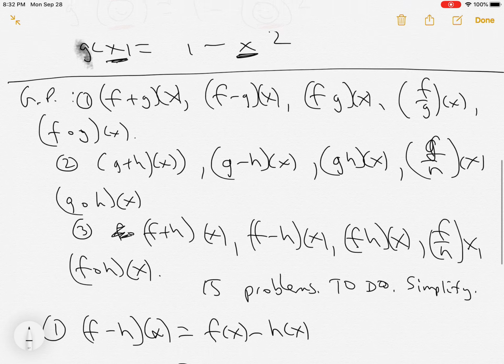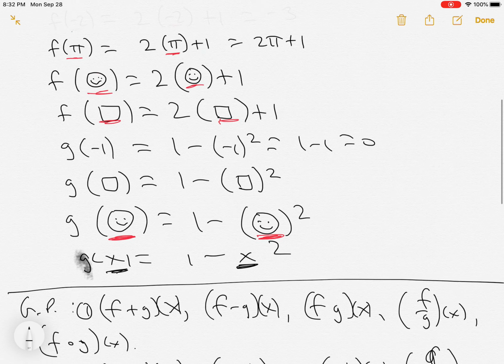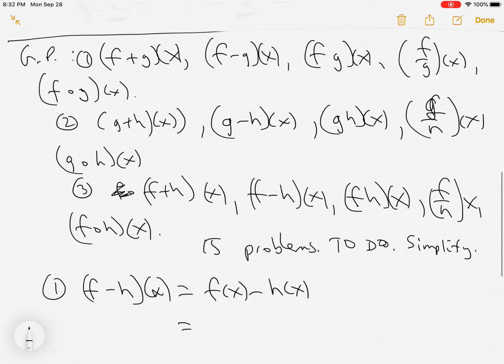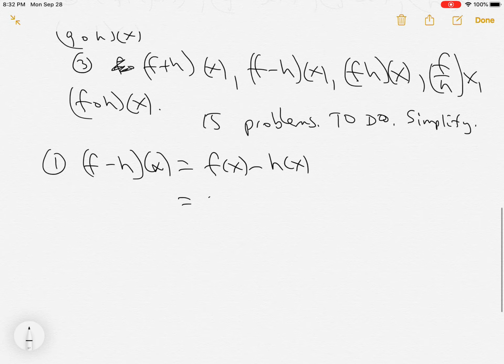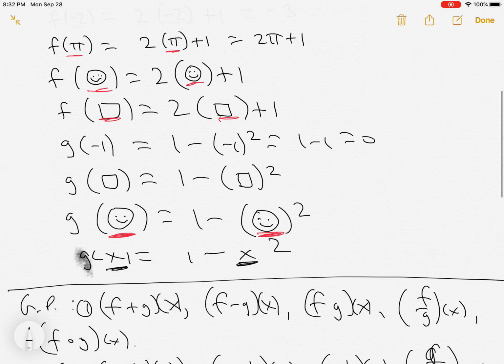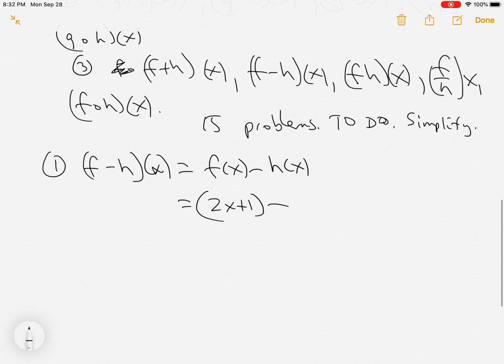What's f of x? Go up here and figure it out. 2x plus 1 minus h of x, which is 1 over x minus 2.